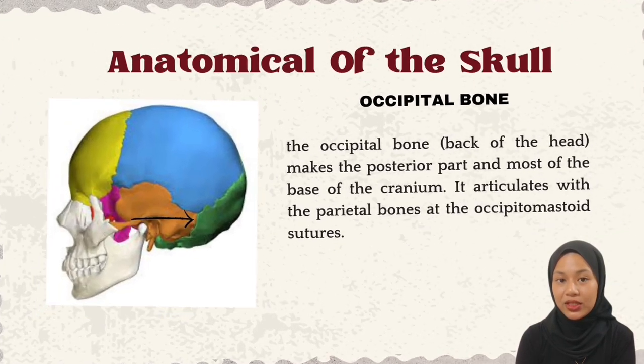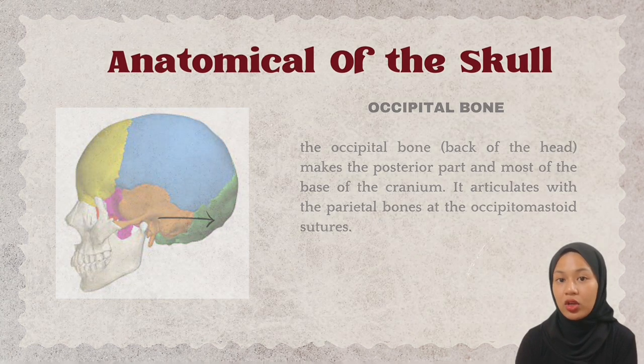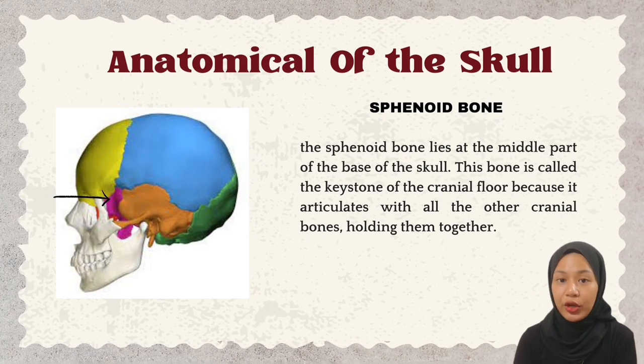For the occipital bone, the occipital bone, or back of the head, makes the posterior part and most of the base of the cranium. It articulates with the parietal bones at the occipitomastoid suture. For the sphenoid, the sphenoid lies at the middle part of the base of the skull. This bone is called the keystone of the cranial floor because it articulates with all the other cranial bones, holding them together.